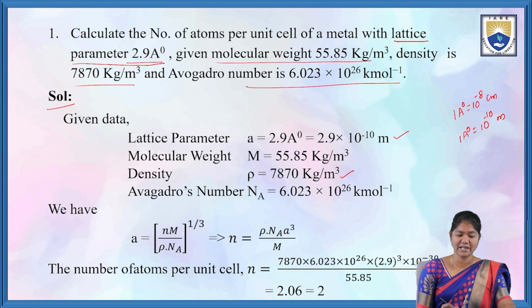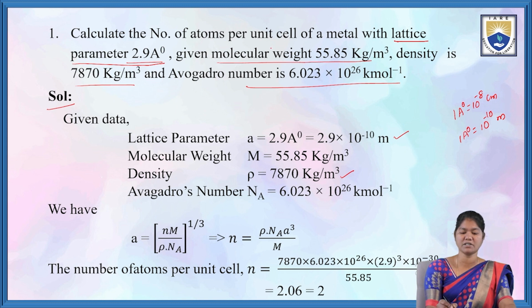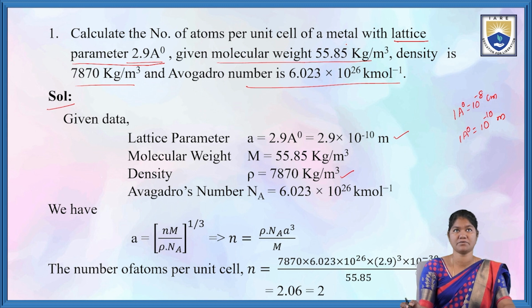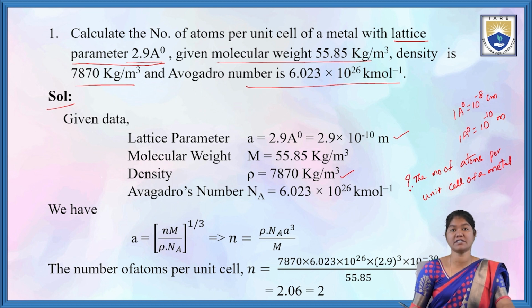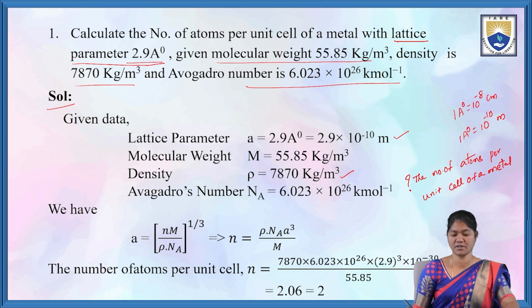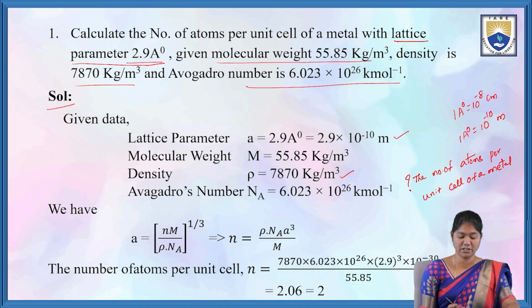So we want to calculate the number of atoms per unit cell of a metal. This is what we need to calculate. So for that, we have an expression for the lattice parameter.